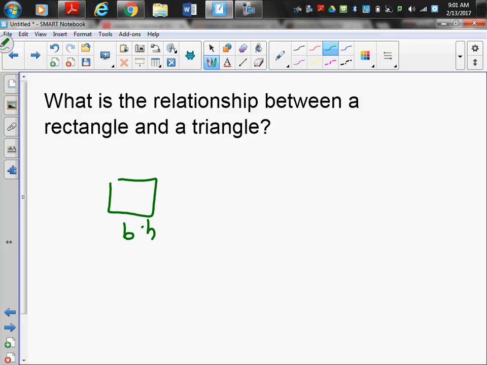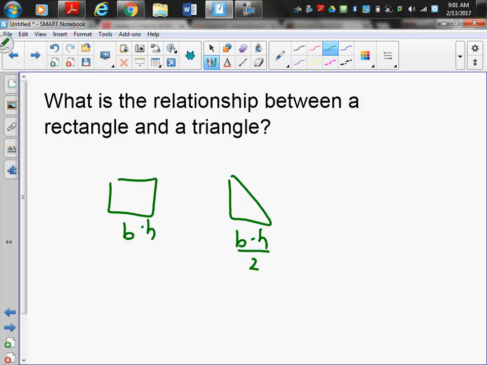Something like that equals 1/2 base times height. So a triangle is base times height divided by 2.